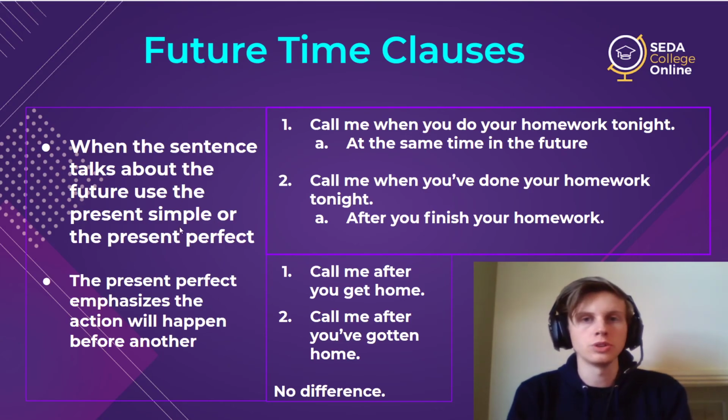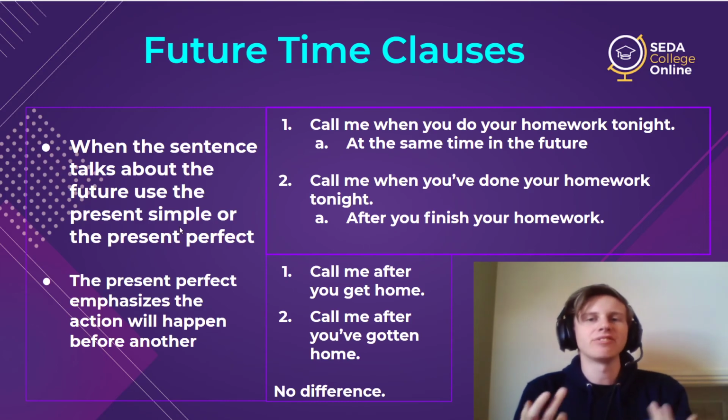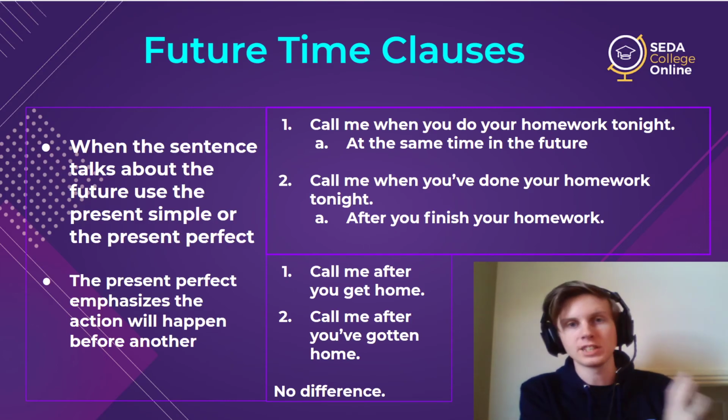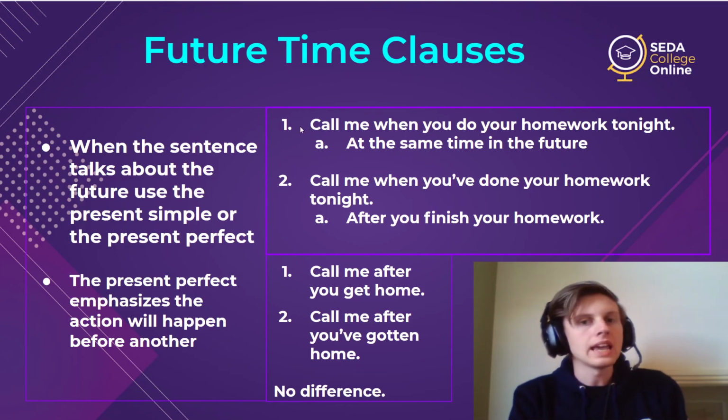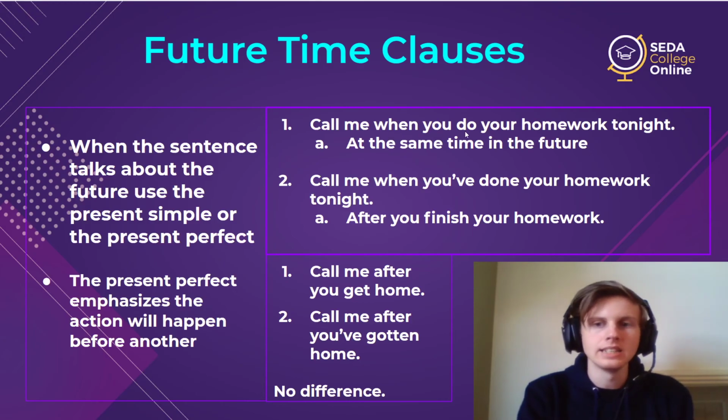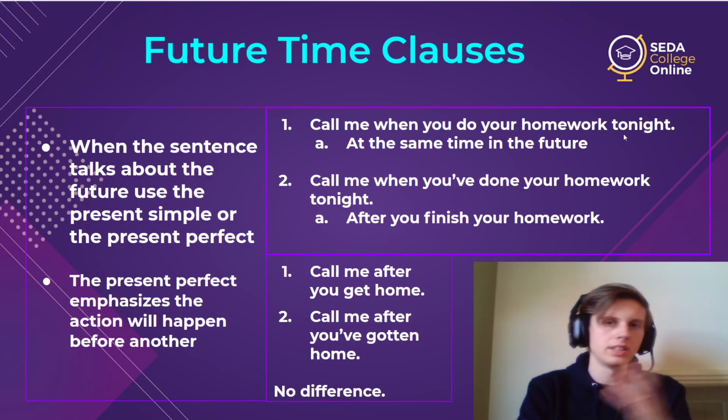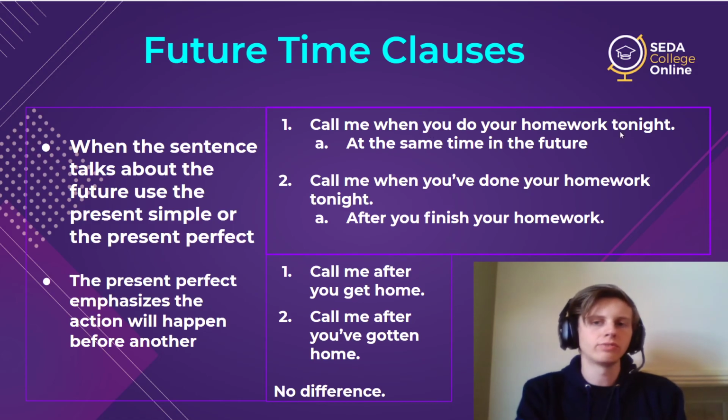Just make sure you use one of them if the sentence is future. If it's past, this doesn't apply. If it's a past sentence, like he called me when he did his homework last night, then it doesn't matter. This is only for the future sentences.